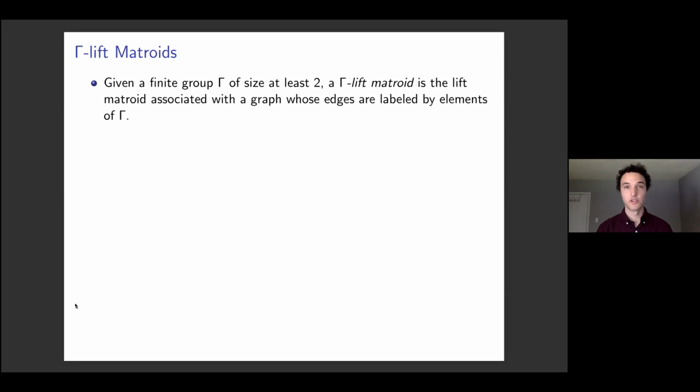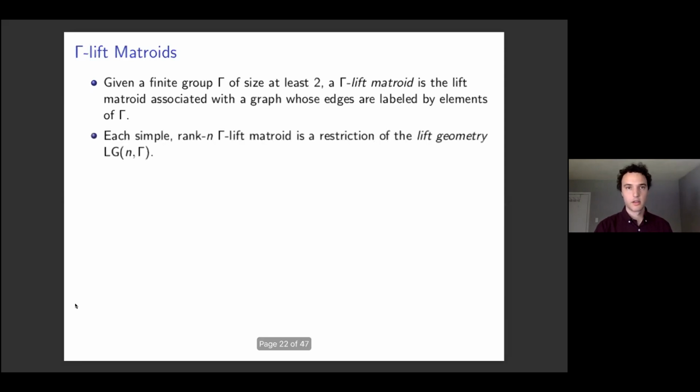And again, I just want to show you what these matroids look like. Okay. And again, each simple rank n gamma lift matroid is a restriction of a matroid we call the lift geometry of rank n over the group gamma. And we denote it by LG(n, gamma).